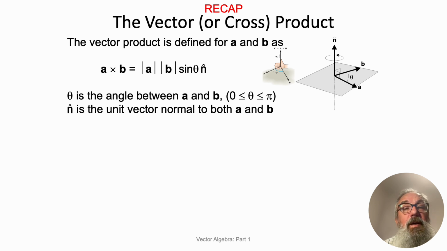So the result is a vector, because it's a vector product, in the direction at right angles to the plane that contains A and B.